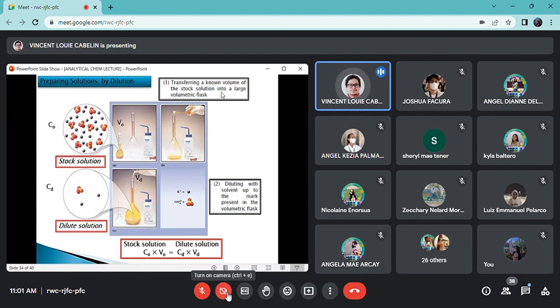Transferring a known volume of stock solution into a large volumetric flask, okay? And then diluting with solvent up to the mark of the volumetric flask. So basically, ang ginawa mo is from a concentrated solution, from a known stock solution, dinagdagan mo pa siya ng solvent. Ibig sabihin, mas mababa ngayon ang magiging concentration.